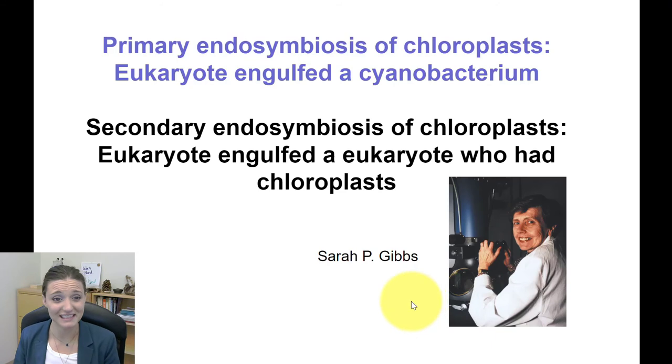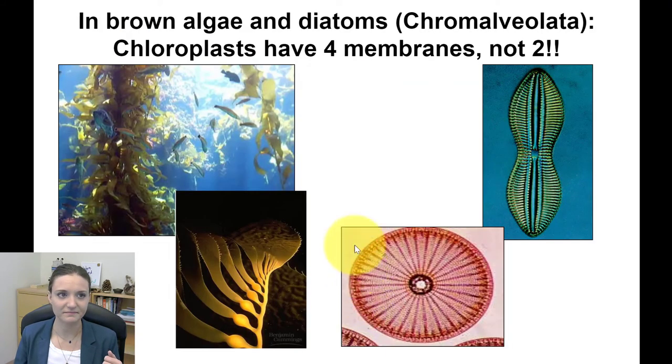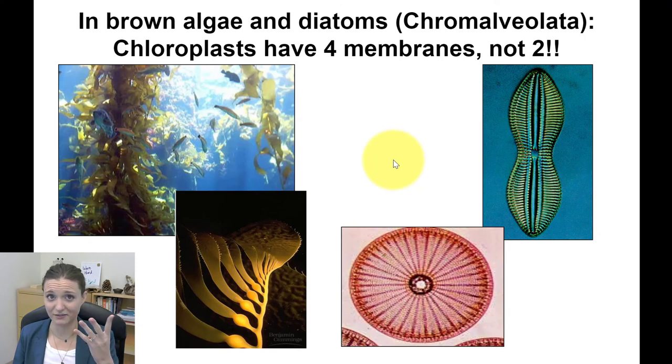So this is where our friend Sarah P. Gibbs comes in. She was investigating some additional types of chloroplasts and found, hey, that's weird. These chloroplasts in these lineages have four membranes, but these ones in these other lineages have only two. What's going on there? So brown algae and diatoms in the Chromalveolata, they have four membranes to their chloroplasts. Four membranes covering their chloroplasts, not two. Okay, so how did that come about?